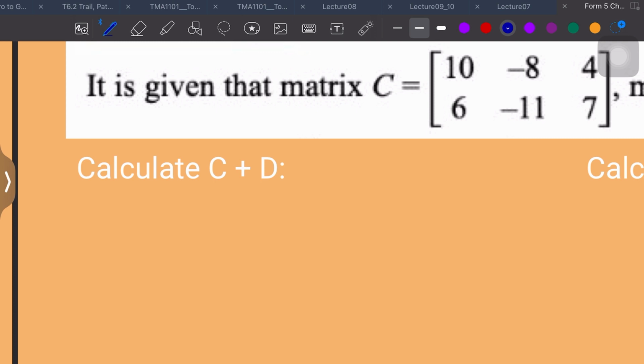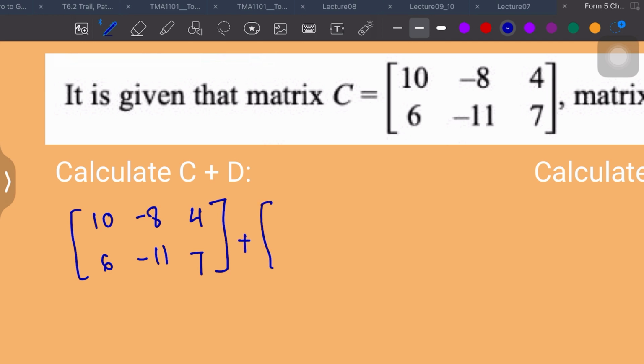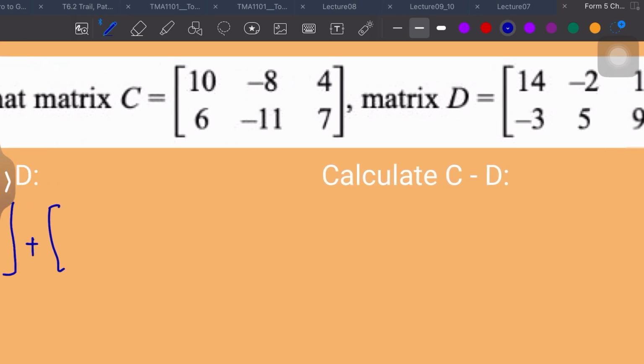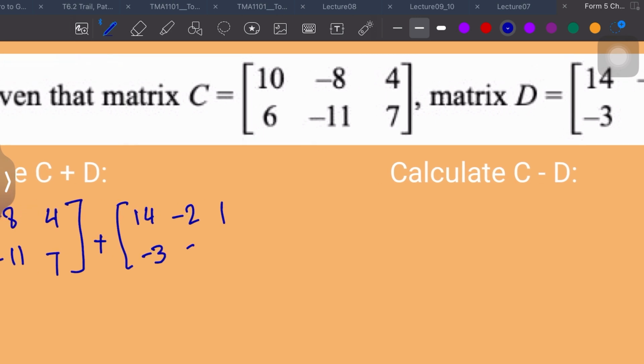First thing first, the question asks for C plus D, matrix C plus matrix D. So we know that matrix C is 10, negative 8, 4, 6, negative 11, 7, plus with 14, negative 2, 1, negative 3, 5, 9.